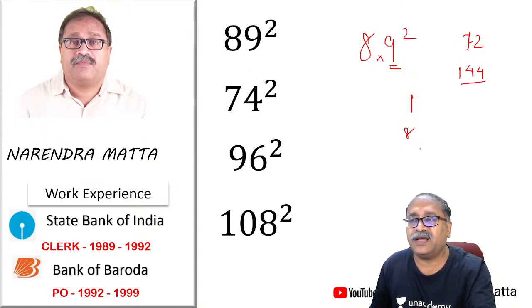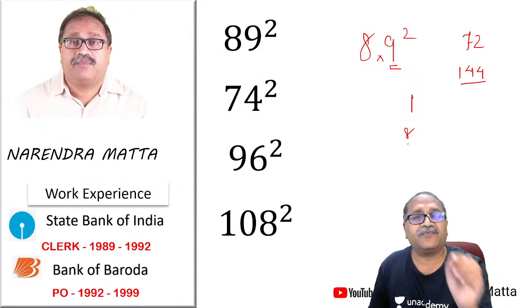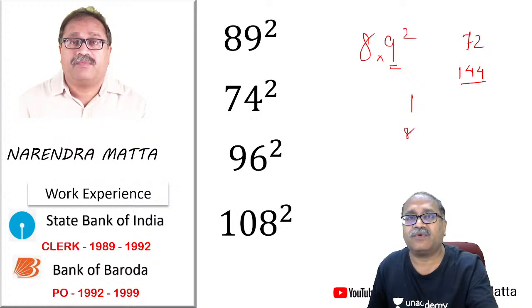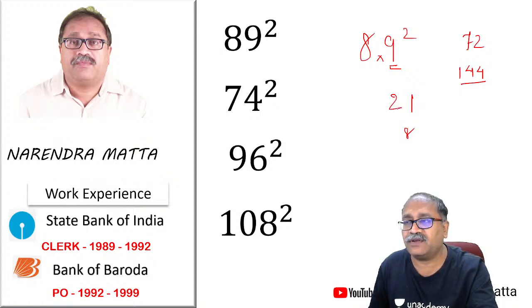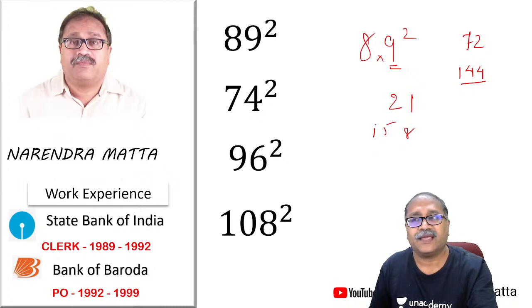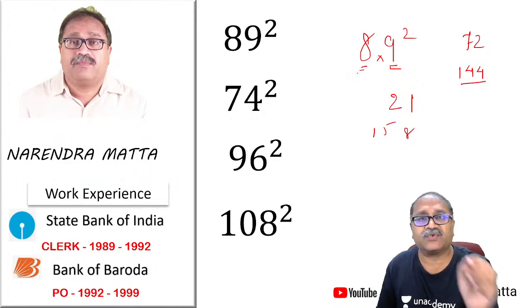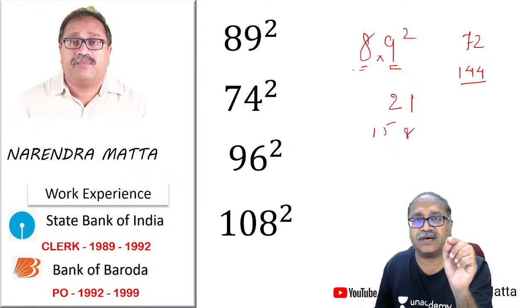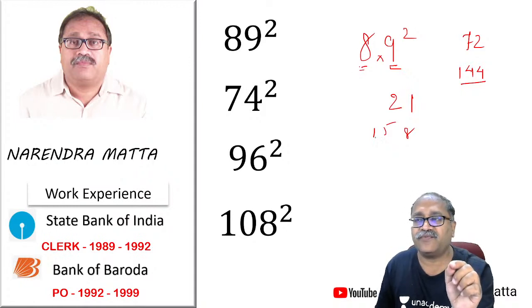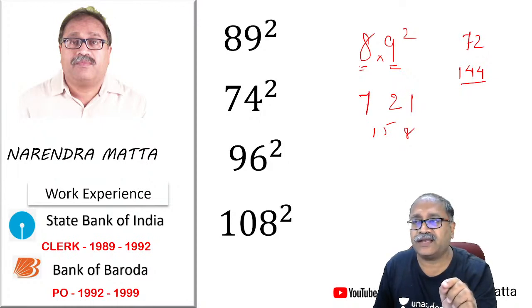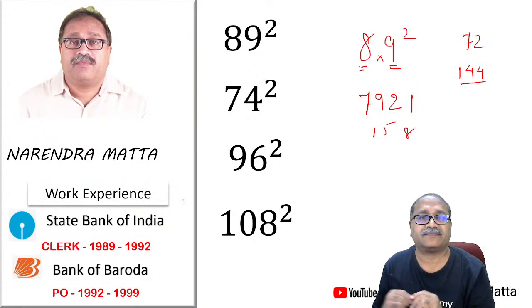And we'll add 8 to that. So 144 plus 8, it's 152. So I will take the 2, carry 15 over here. And the last step, 8 square, and 8 square is 64, and 64 plus 15 comes to 79. So I'll write this as 79.